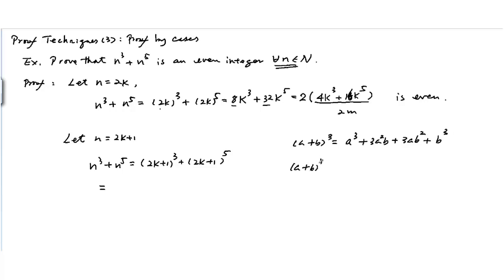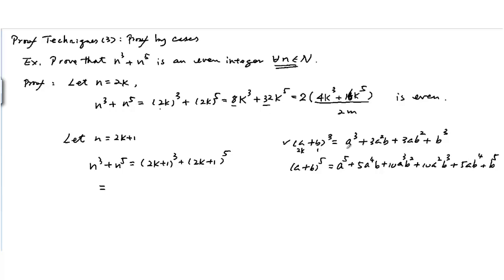And (a plus b) to the fifth power is a to the fifth plus 5a to the fourth b plus 10a cubed b squared plus 10a squared b cubed plus 5ab to the fourth power plus b to the fifth power. So for 2k plus 1, apply this formula, where a is 2k and b is 1.